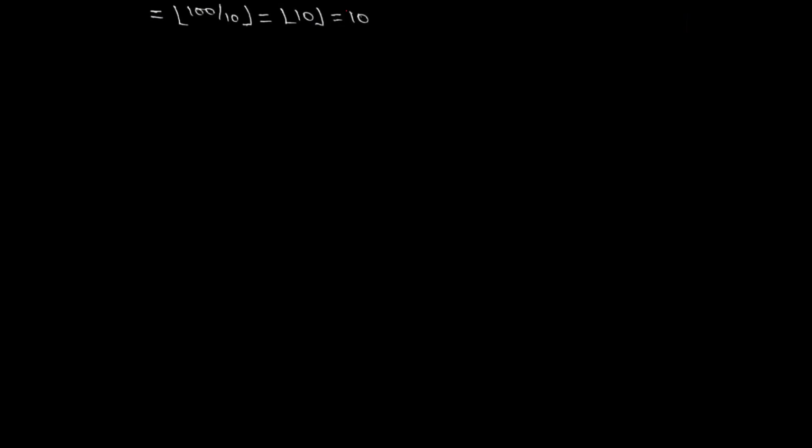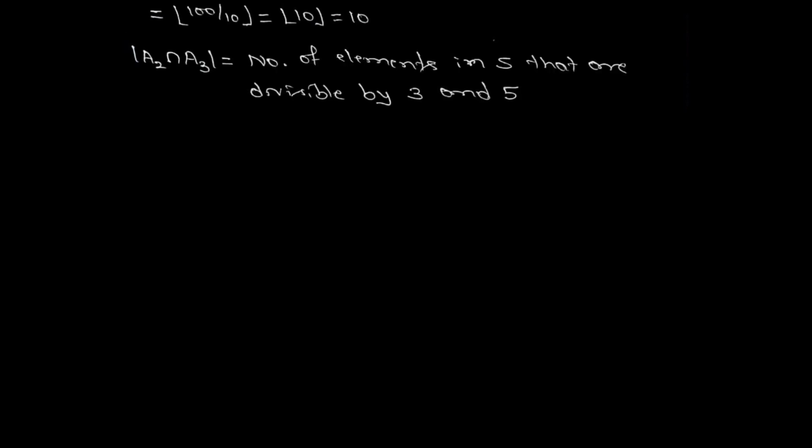Similarly, the number of positive integers which are divisible by 3 and 5: the LCM of 3 and 5 will be 15. So we divide 100 by 15 and simplify. Final answer will be 6.